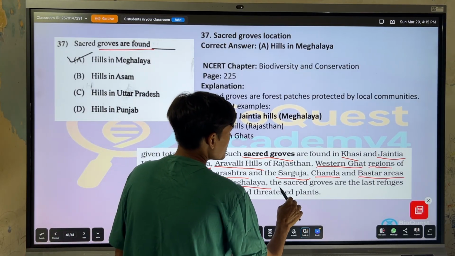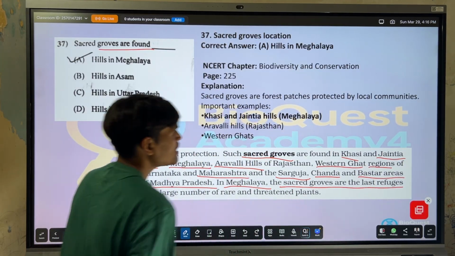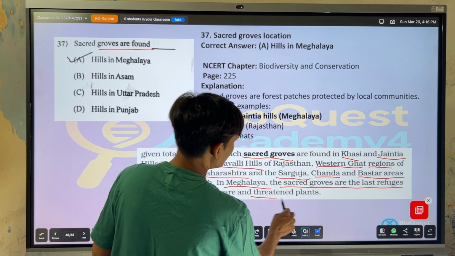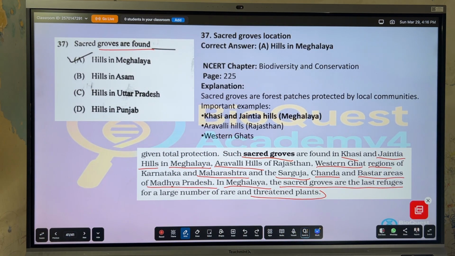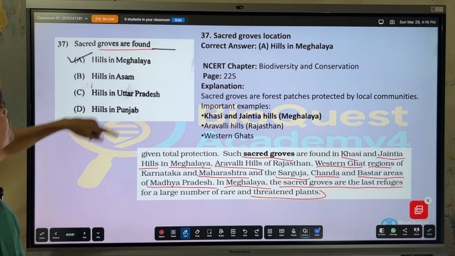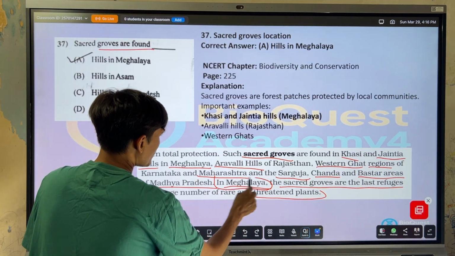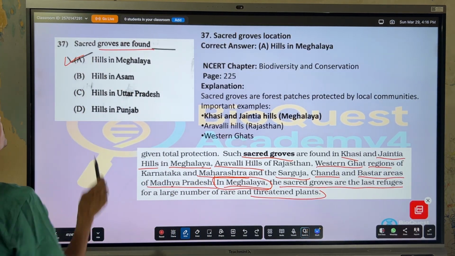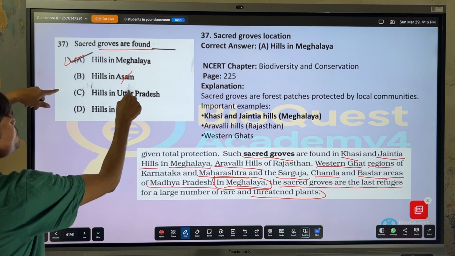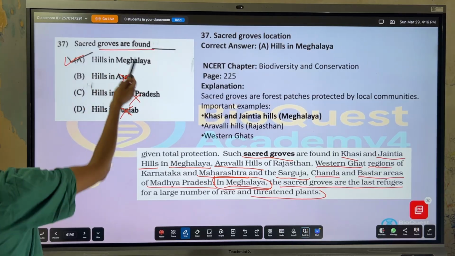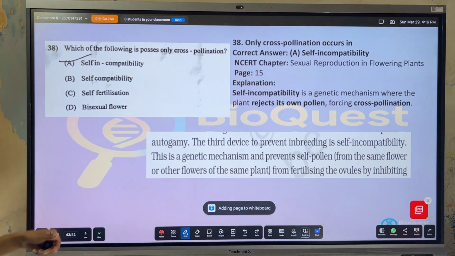In Meghalaya, the sacred groves are the last refuges for a large number of rare and threatened plants. So the answer from here is Meghalaya. You see Meghalaya here, in the hills of Meghalaya. But Assam, Uttar Pradesh and Punjab are not in this answer. So groves are found in Meghalaya.